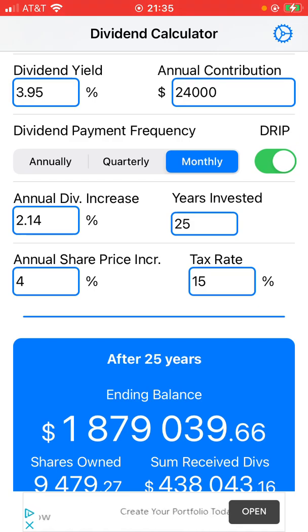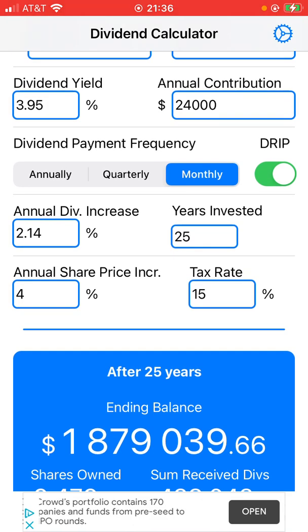And then you can also do worst case scenarios, like if you say you're going to be at 25% or more, or at least 25%, in your taxes, over 25 years invested.